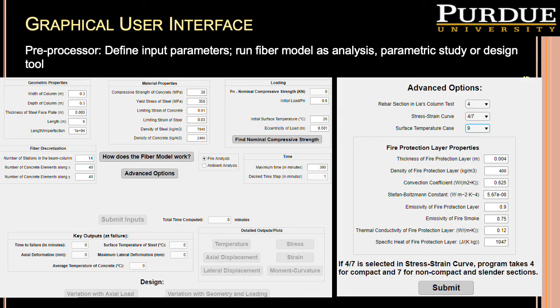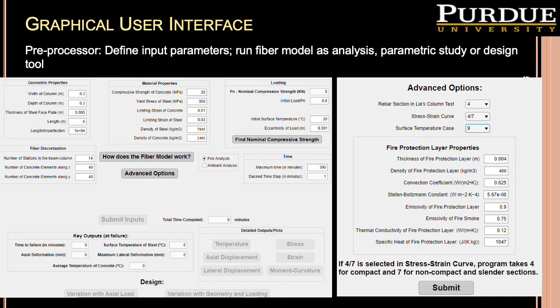Before finishing this module, I would like to show the developed interface for the fiber-based tool. A user interface was also developed to allow easy interaction of the user with the tool. This slide shows the preprocessor or input window of the developed graphical user interface.